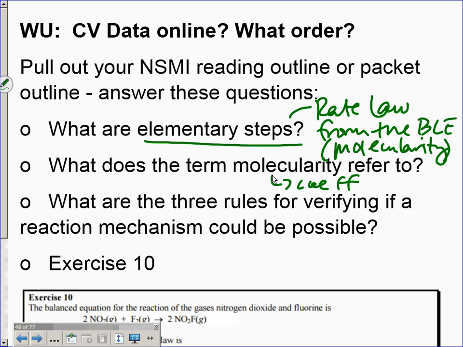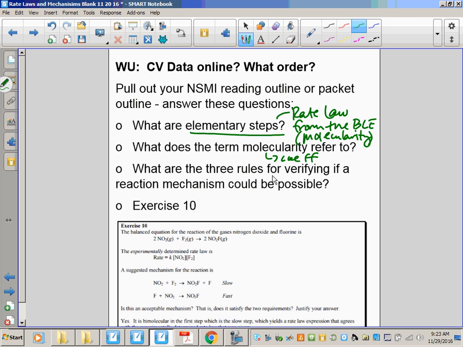And then you tell me, on page 21, I believe, what are the 3 rules for verifying a reaction mechanism will be valid? Talk in your groups for a moment on that, because I need to take attendance.